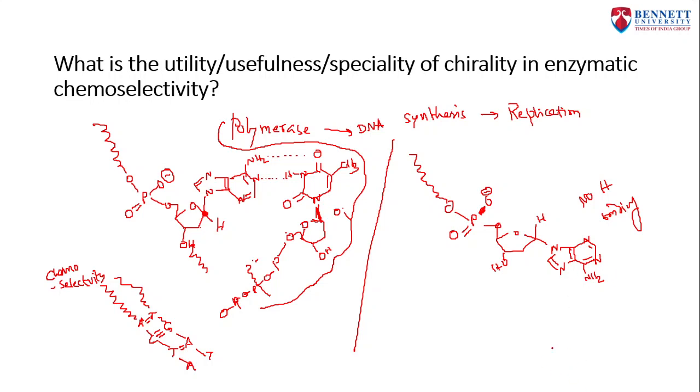But once this conformation is reversed, it will no longer have hydrogen bonding with natural dTTP, deoxythymidine triphosphate, because the relative arrangement of the groups in 3D space is changed. So this will no longer be able to do it.